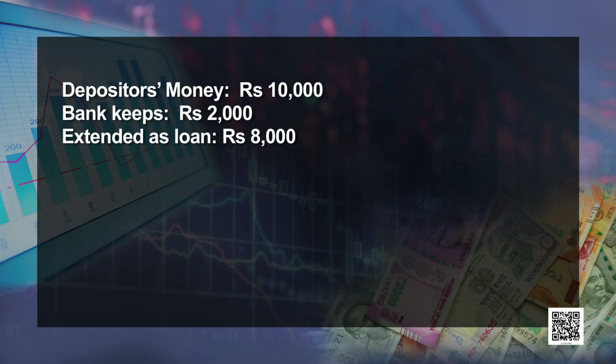Let's suppose the bank keeps 20% with itself and extends the rest, rupees 8,000, to others. Now what happens is the bank receives 10,000, keeps 2,000 with itself and extends 8,000 as loan. Now the borrower will deposit that money into its own bank. The same cycle repeats with the next bank.